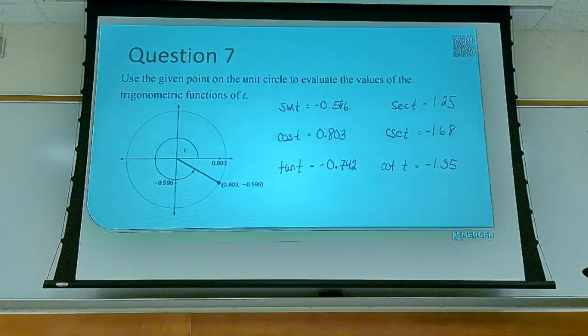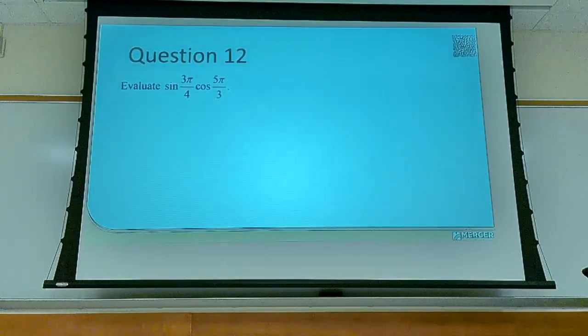I'm trying to get the idea, so let's skip out to 12 and come back if time allows. Sine of 3 pi over 4 times cosine of 5 pi over 3.